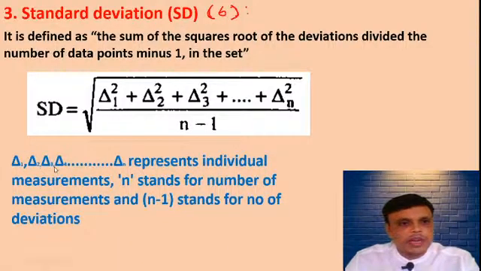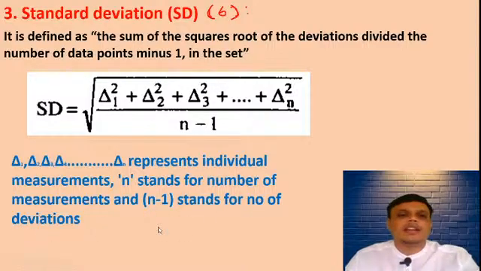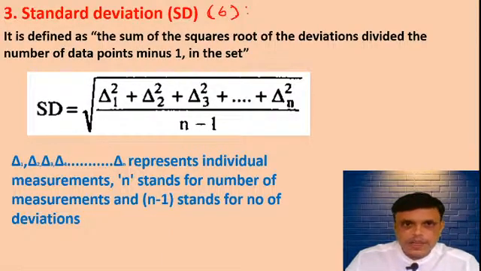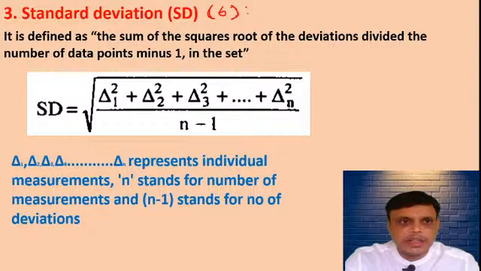Here del 1, del 2, del 3 up to del n represent the individual deviations, n stands for the number of measurements, and n minus 1 stands for the number of deviations. So this is the third way, standard deviation SD, denoted by the symbol sigma.